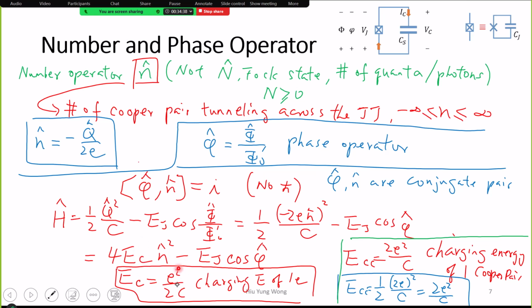Please read it again to make sure that you understand. But you need to be careful when people talk about charging energy. Make sure whether they are talking about the charging energy of one electron or one Cooper pair. For one electron, the charge is e squared. For one Cooper pair, it's 2e squared. That's why you will get different answers. Okay? Any questions?